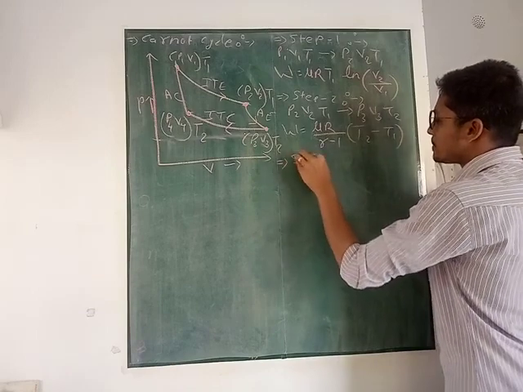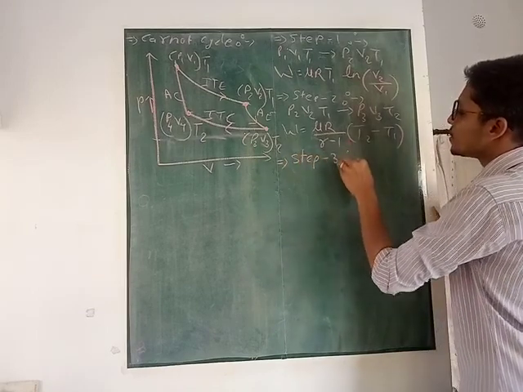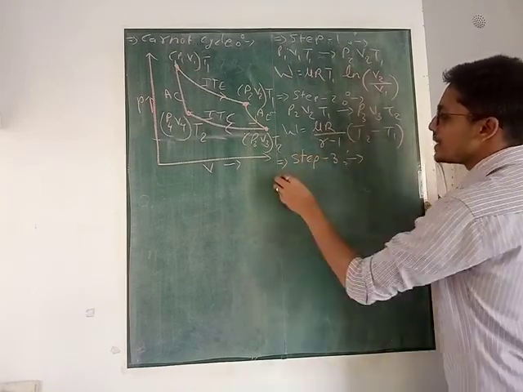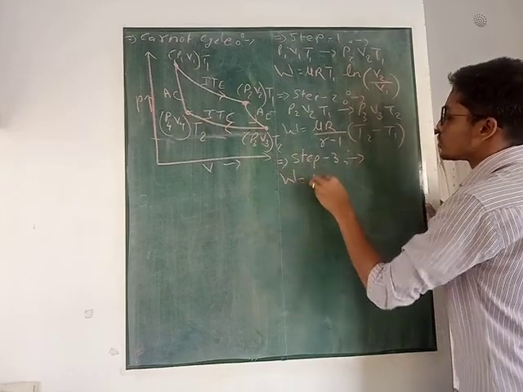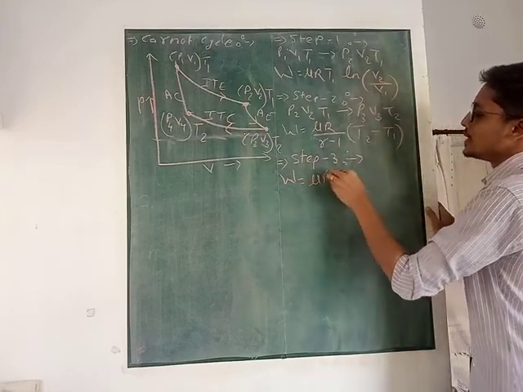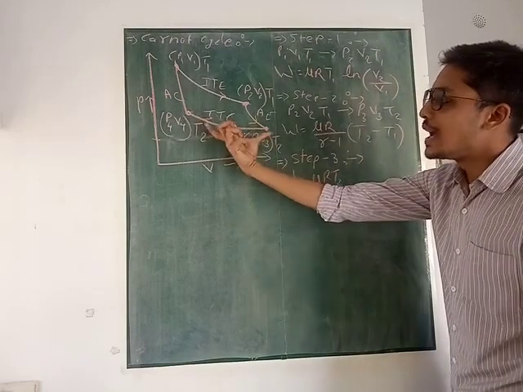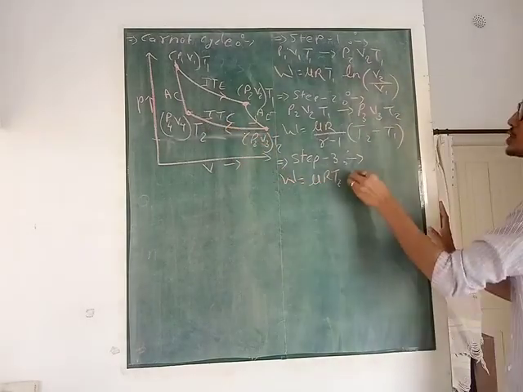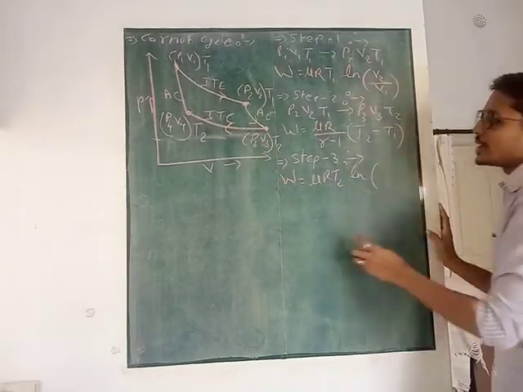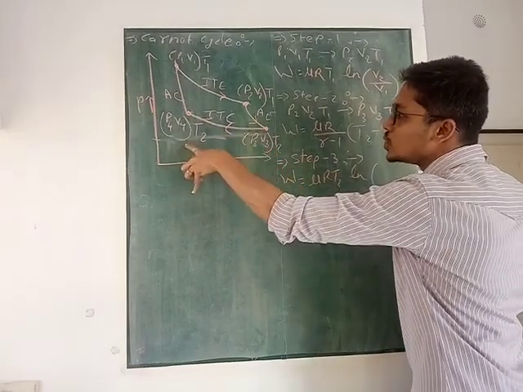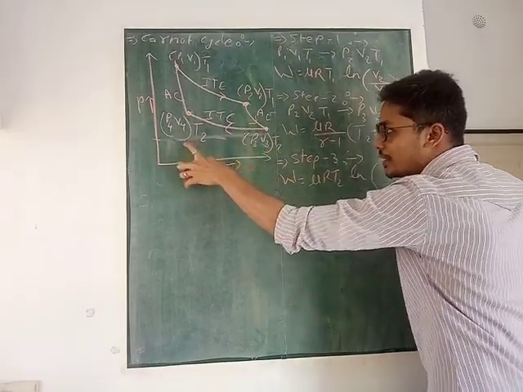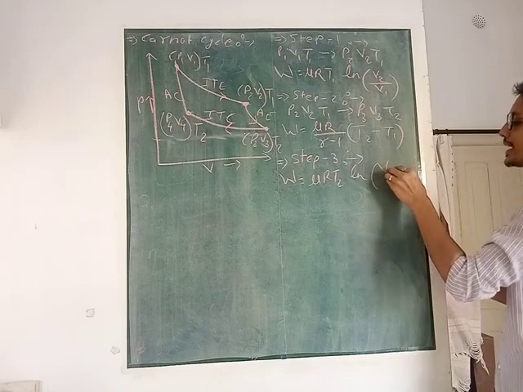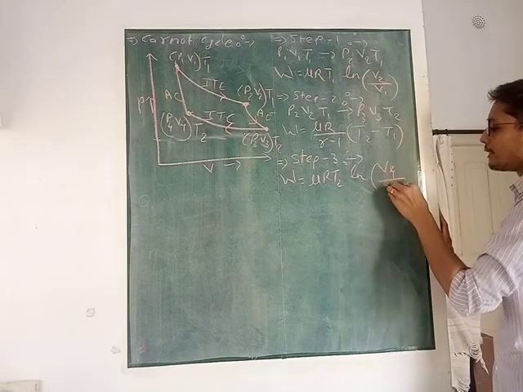In step 3, no need to worry about all those things. We can write simply in the format W equals mu R T2, again now for the isothermal compression. So you can write here ln from where to where? It is V3 to V4, where we have reached finally V4. So we can write here V4 by V3.